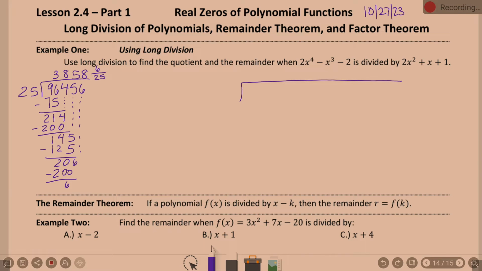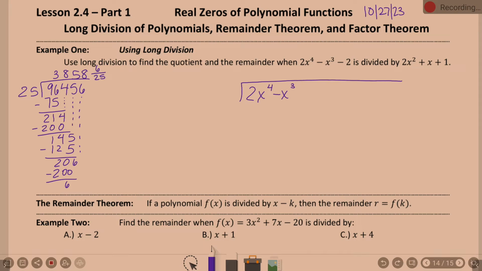So, we were asked to do this with this lovely problem here, though. Let's set it up. Now, some things to watch out for. What's going in the box? 2x to the 4 minus x minus 2. Except, there's a catch. You want all places represented.